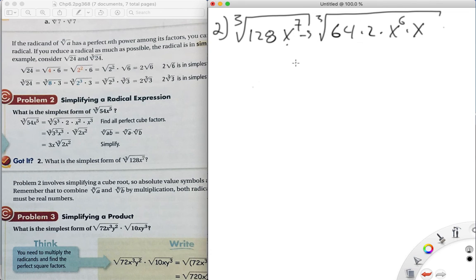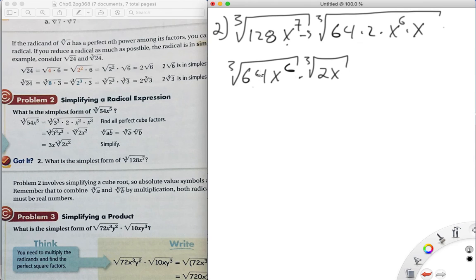Now I'm going to combine the 64 with the x to the 6, and I'm going to cube root that, and I'm going to multiply 2x over here and cube root that. These guys are the same.